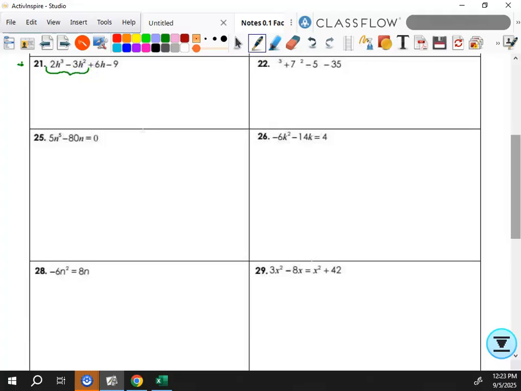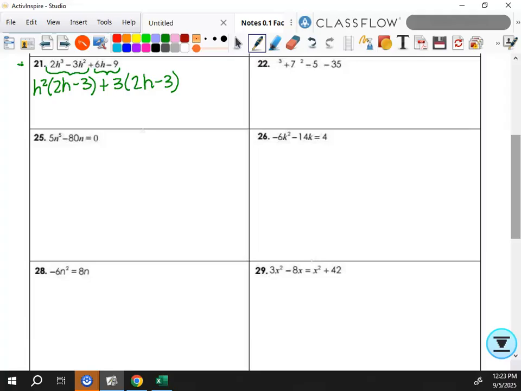What can I factor out of that? H squared. That leaves me with 2h minus 3. And then out of these 2, what can I factor out? 3. So positive 3. And that leaves me with 2h minus 3. Remember, if your parentheses don't match, you either made a mistake or it's not going to factor.